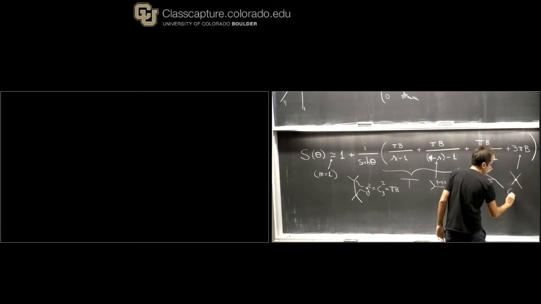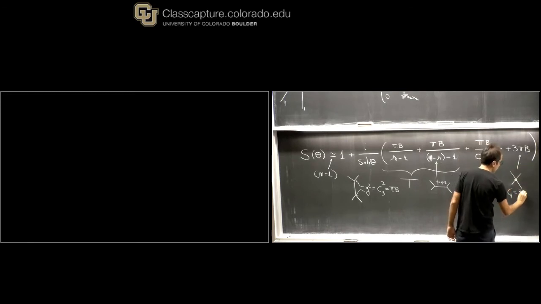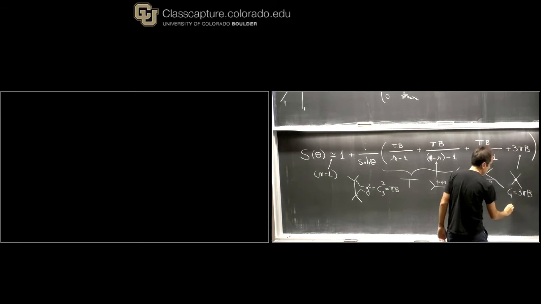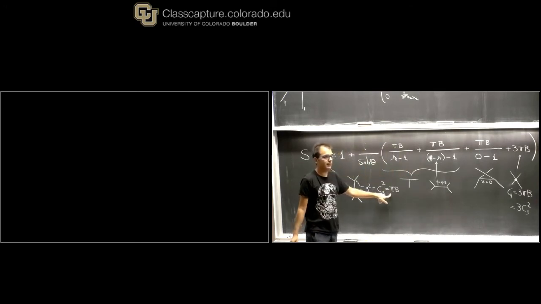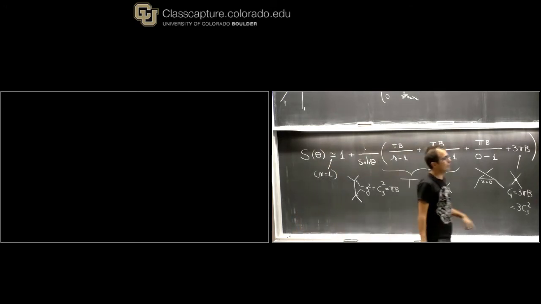So this is C4, right? We see C4 is 3 times pi b. And so C4 is 3 times C3 squared. Right? It's 3 times what we get here. And that was exactly the condition that we had before once we had imposed that there was no particle production.